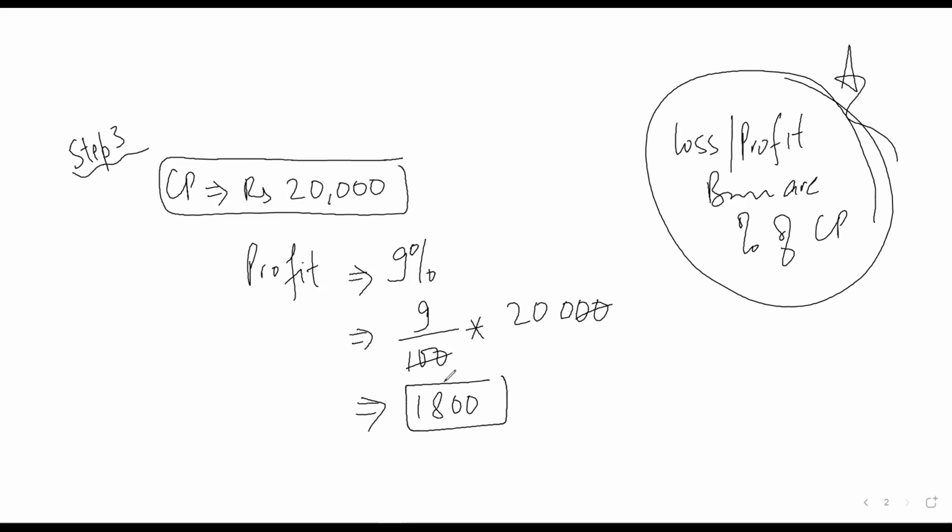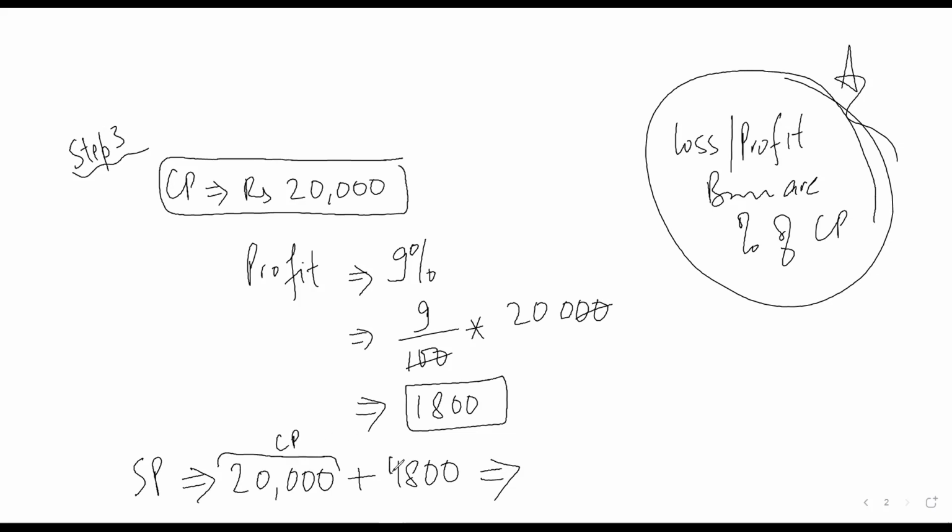Now this profit has to be added to the cost price. Mr. Sarthak, yes or no? Yes, sir. Only then, see, this is the cost price, this is the profit. Only when we add the profit to the cost price.